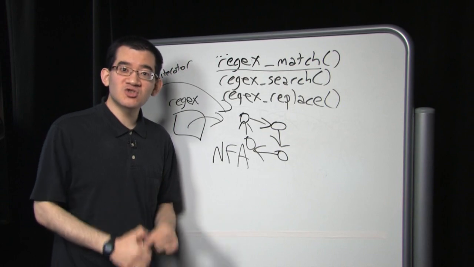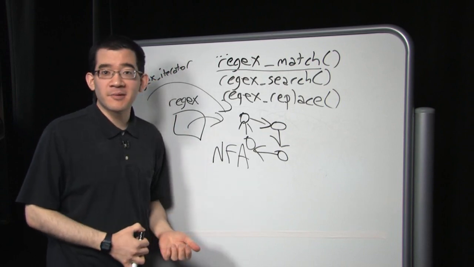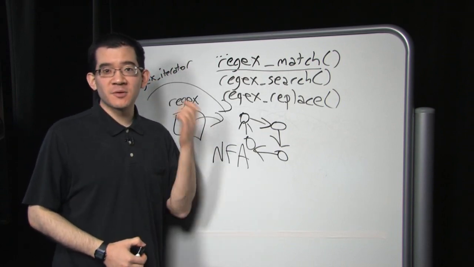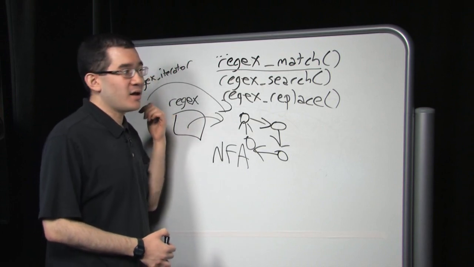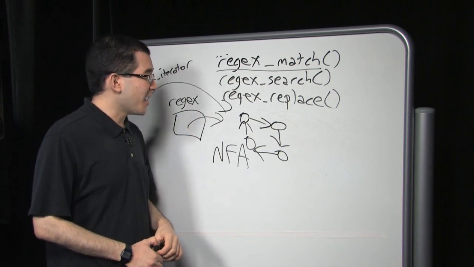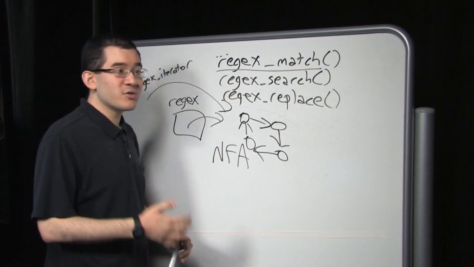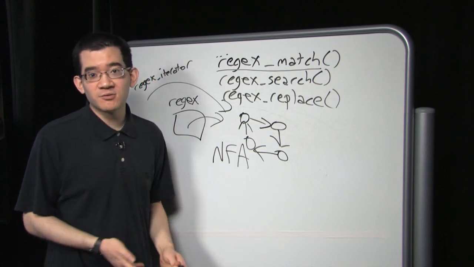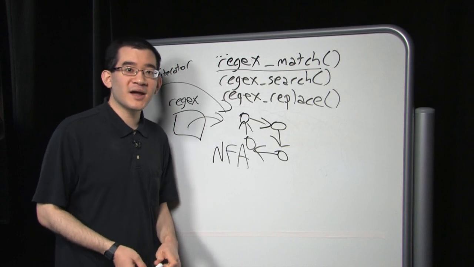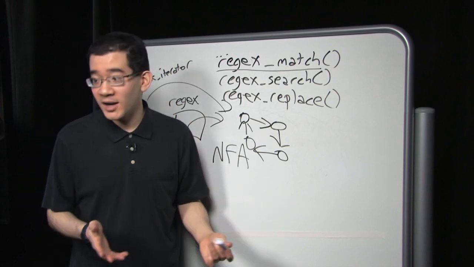So I cannot construct a regex iterator with a temporary regex because that temporary regex will be destroyed as soon as I hit a semicolon, and my regex iterator will be left with a pointer to garbage. So both for efficiency and for correctness, always give your regular expression names. Temporary regexes are something you basically never want.